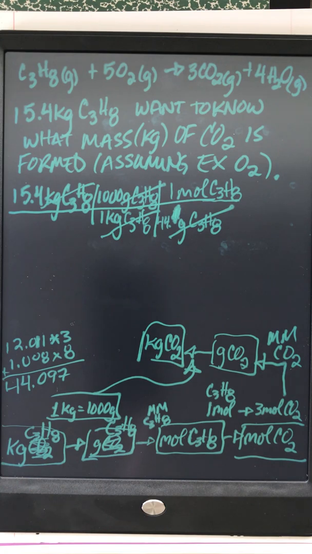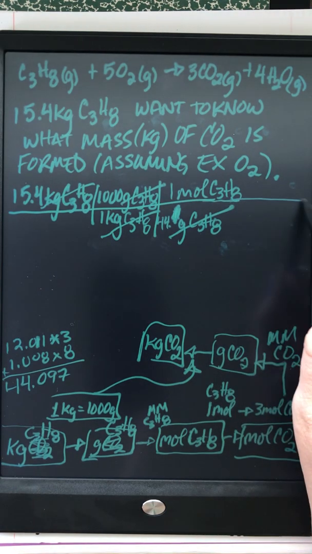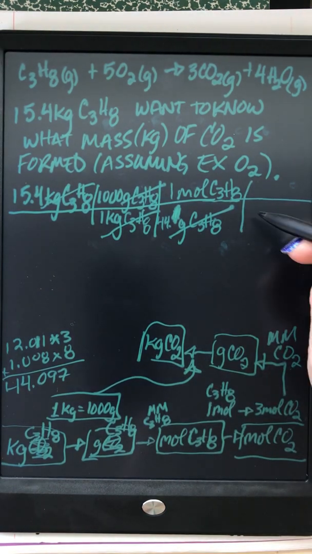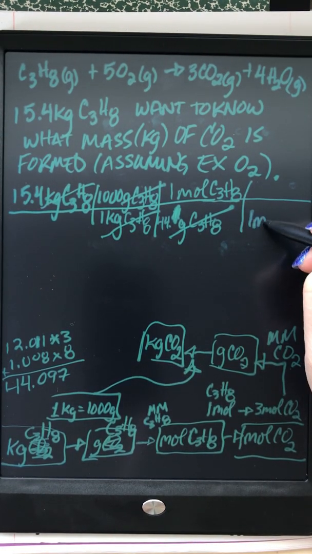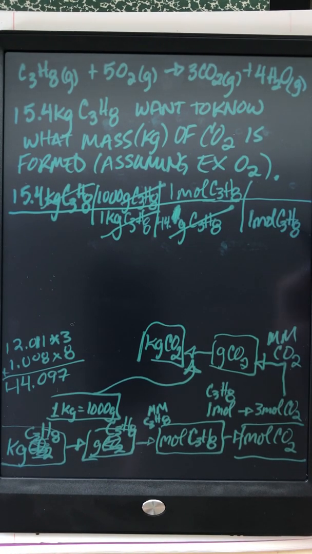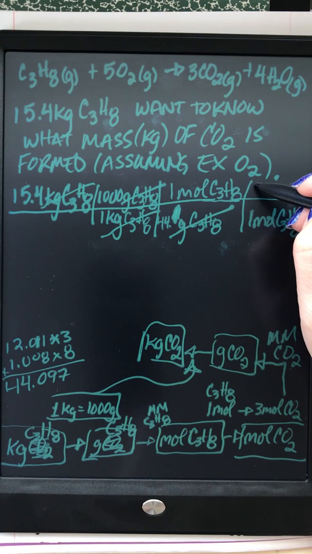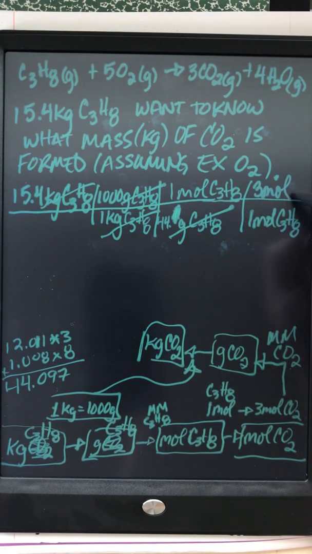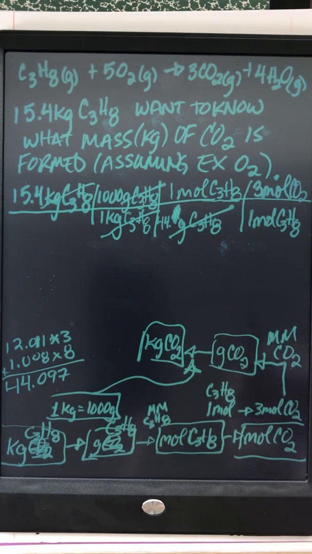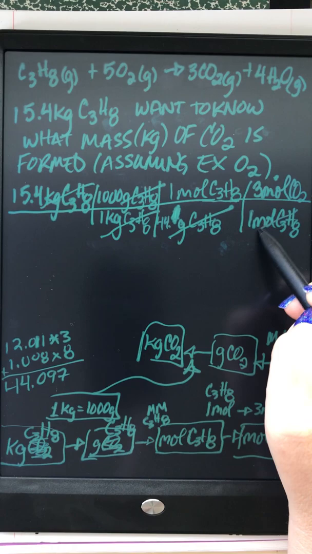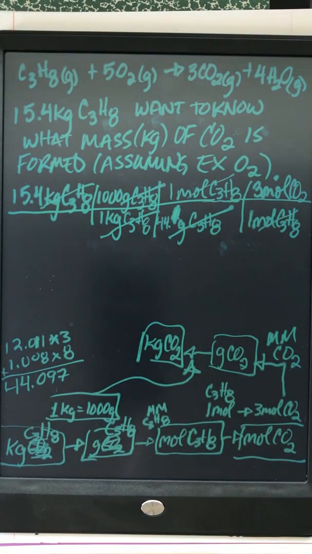And now what's the next step? You're going to put the mole of propane on the bottom, which is 1, and then the molar ratio for carbon dioxide, which is 3 on top. So now moles of this cancel with moles of this.